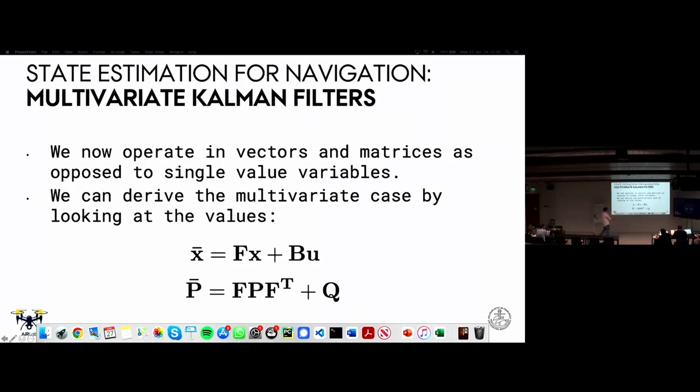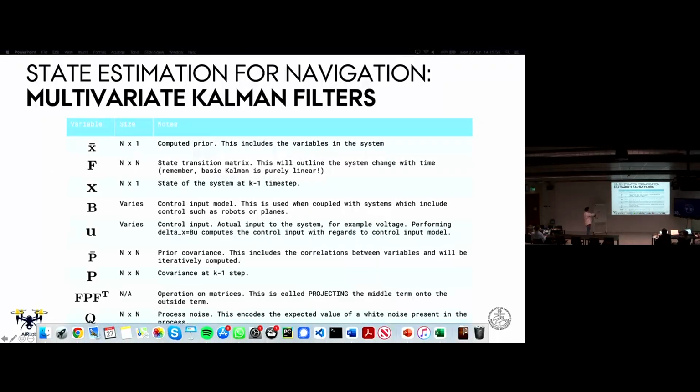But the idea again is that you have some form of x. You have the state or the state space, in this case a vector. You have an x which is your prior, so you have the position here. You have the F, which is the state transition matrix, and will outline the system as it changes with time.